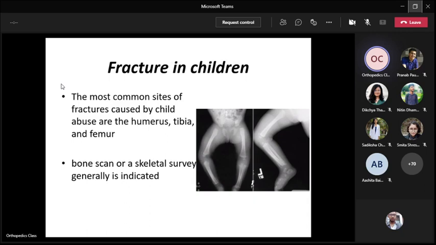Normally they don't produce these fractures unless there is significant trauma. But most of the time in OPD and in emergency, parents come with these things. If a baby who can't speak or communicate has a fracture like this, you should always have in your mind that this may be a case of child abuse.